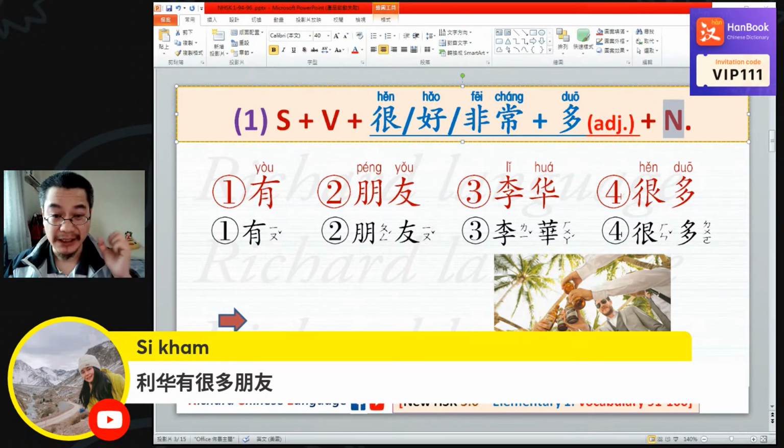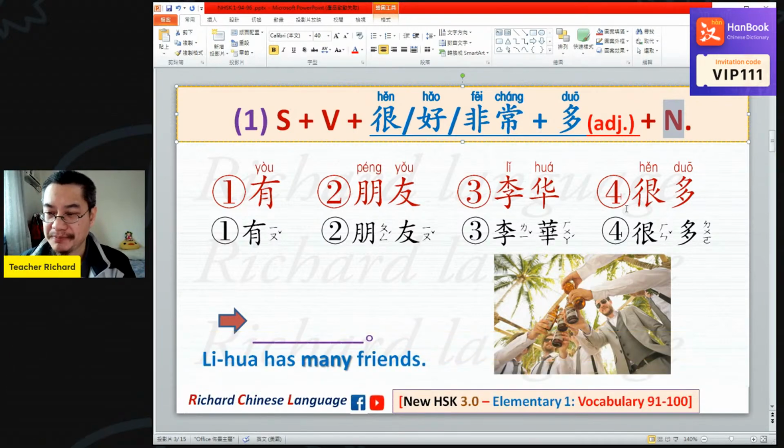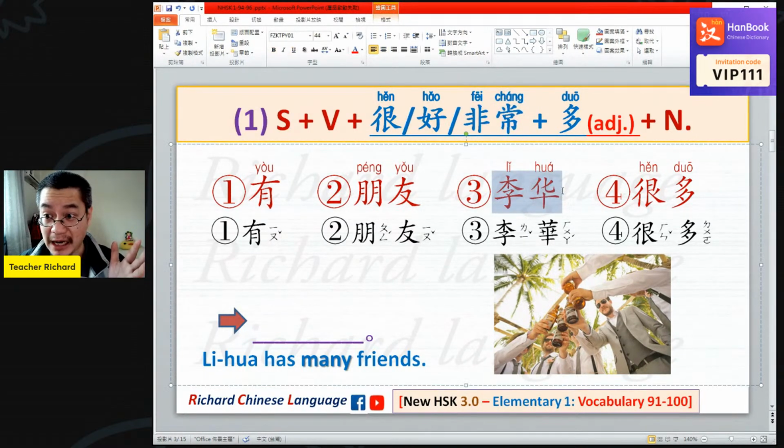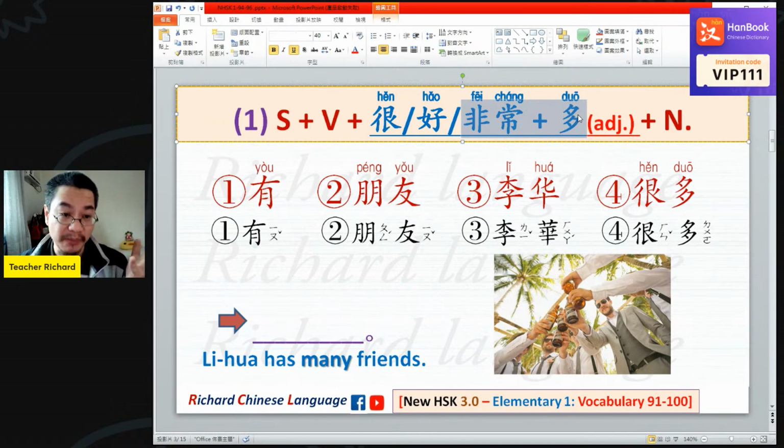李华有很多朋友. Very good. So here, please remember, we say 很多. We don't really say 多 only. We say 很多 or 好多 or 非常多. So you can also say 李华有好多朋友. You can say 好多朋友. You can also say 李华有非常多的朋友.